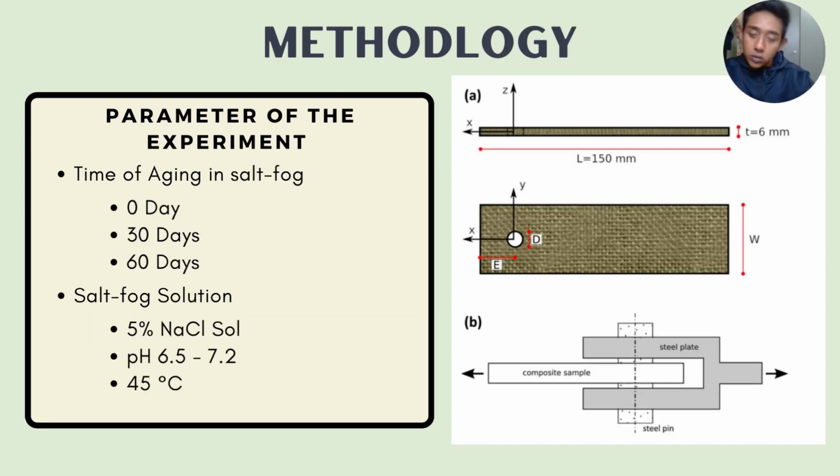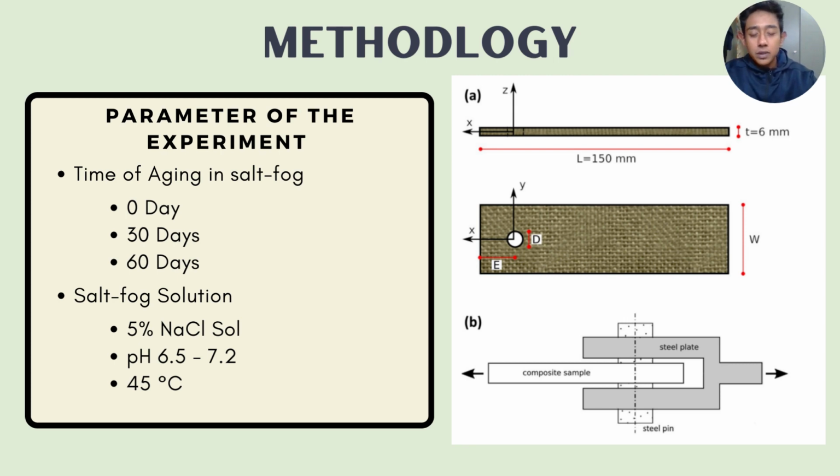As for the methodology of this experiment, the aging time in the salt fog is varied, starting from 0 days, 30 days, and 60 days. The salt fog solution uses 5% sodium chloride with pH ranging from 6.5 to 7.2 at 45 degrees Celsius.